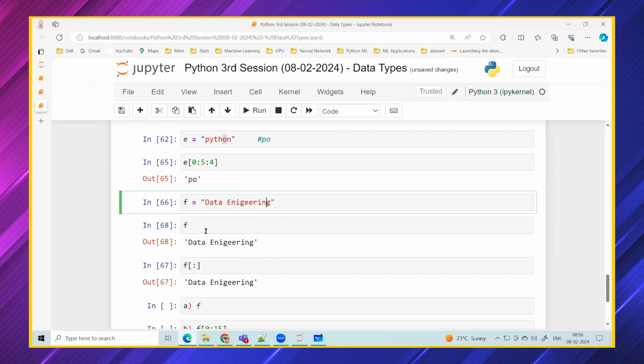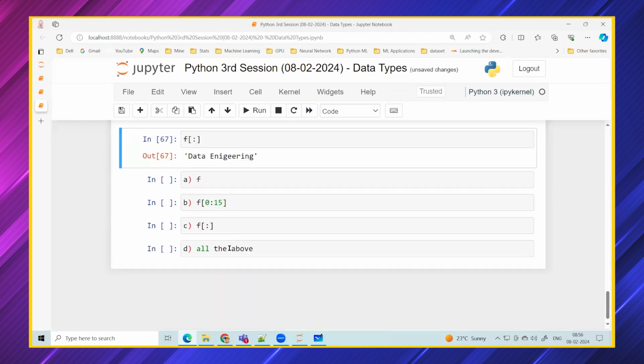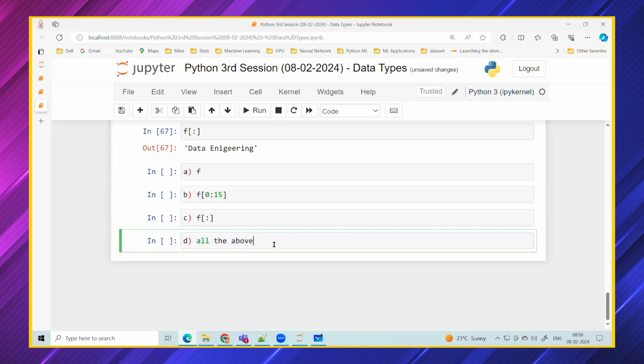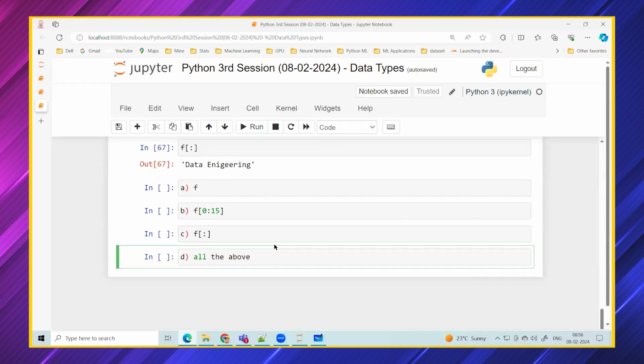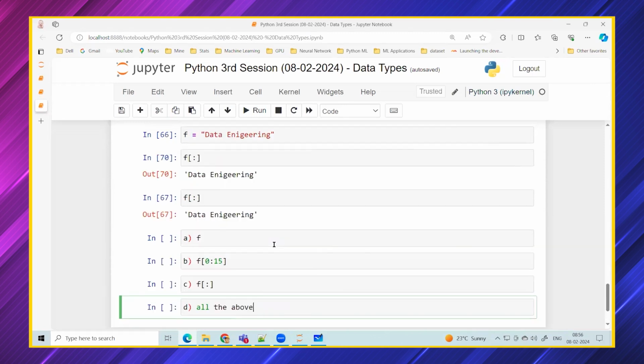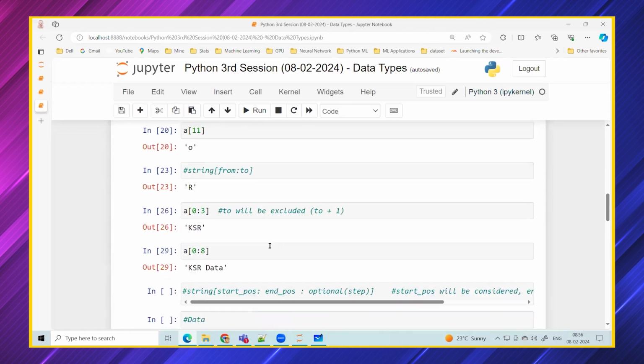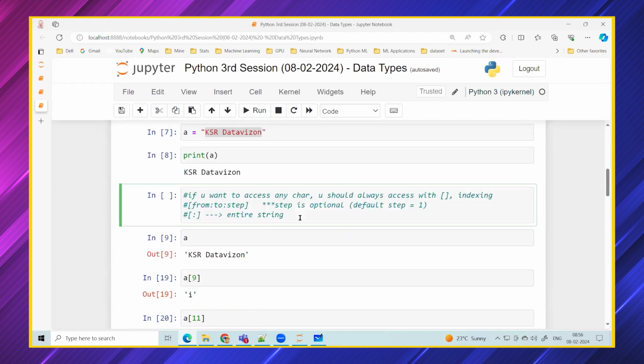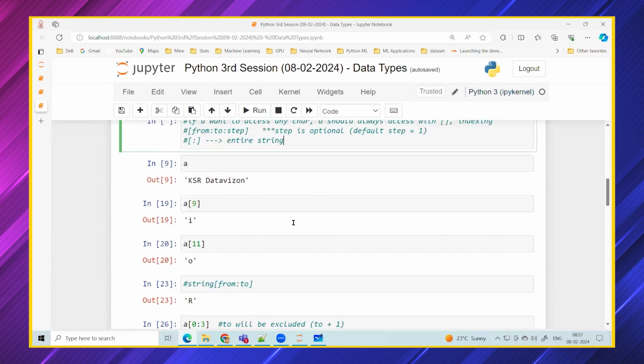So 14 plus 1, 15 also will give you the same thing. And if I don't write anything also, it's going to give the same thing. So the answer is all the above. Be careful. Every answer is going to be 1 mark for you. Don't leave it. Try it so that you will get to know what is what. So if I want to access the complete string, I will go with this one. Now another thing is there. Let's see what that is.